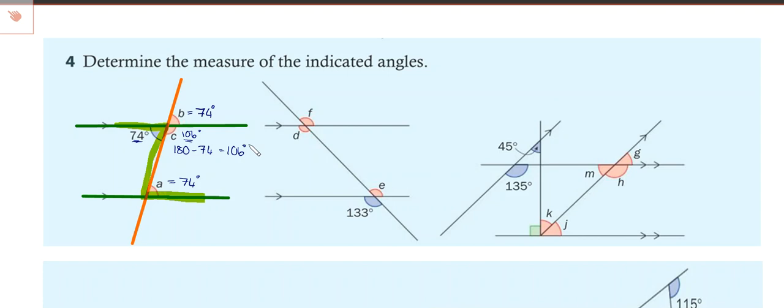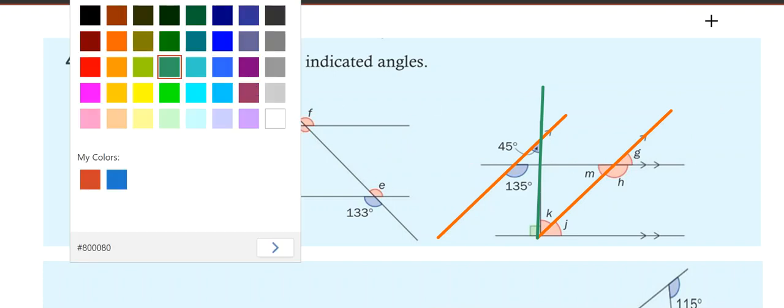So you can probably use that to do the next one. Then it starts getting a bit more challenging, but you can still see that there are two parallel lines and a transversal. It doesn't look quite the same because everything seems to be at different angles, but we identify the parallel lines first. There is actually another transversal, another set of parallel lines in there, but I'm not going to start highlighting more.